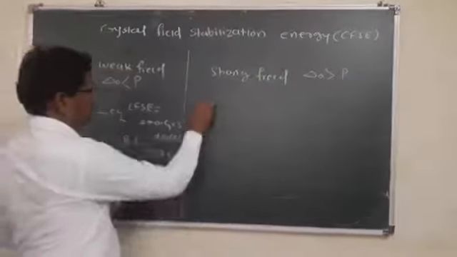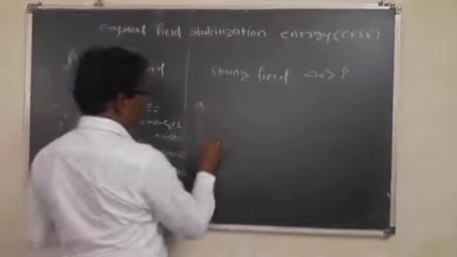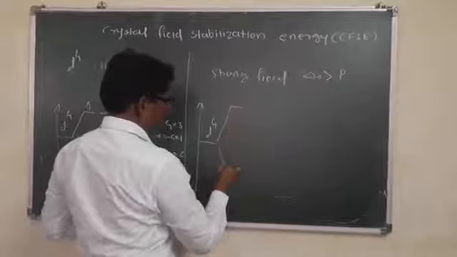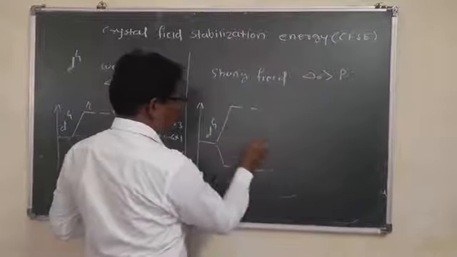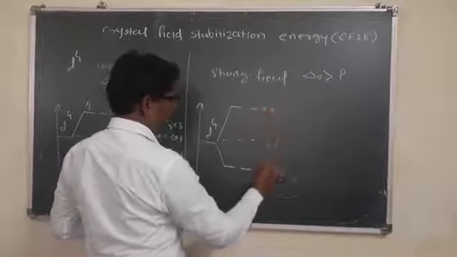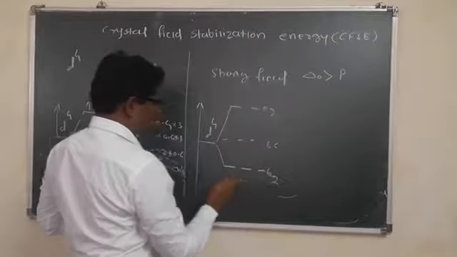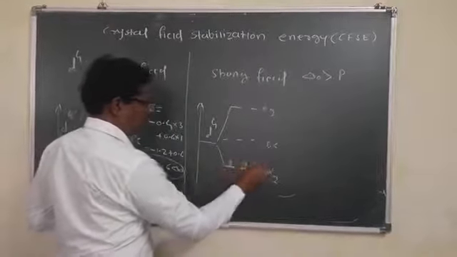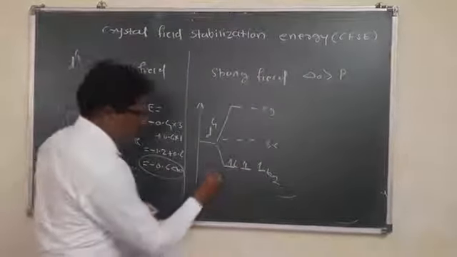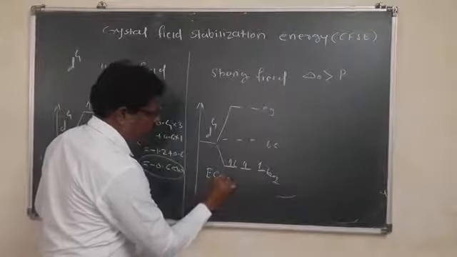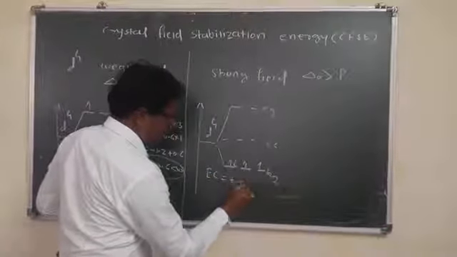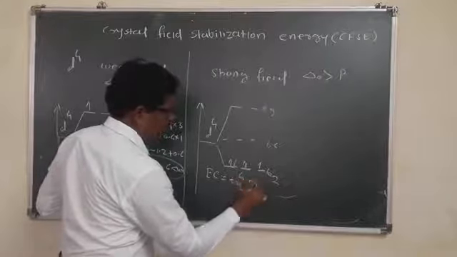In strong field complexes, d4: this is the barycenter level, eg and t2g. Here the fourth electron is paired with the first electron, and therefore the electronic configuration is t2g 4 and eg 0.